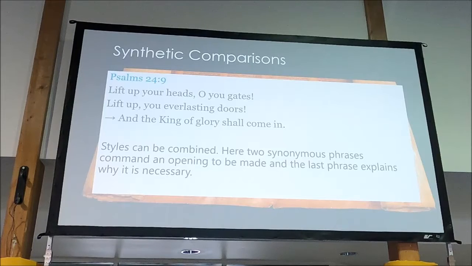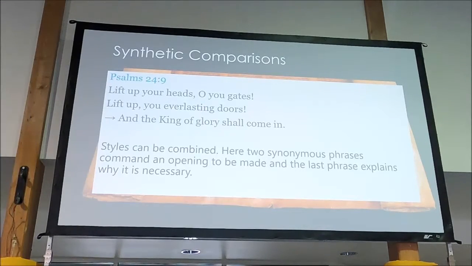Okay, so it's to give that impression of the guard saying, the King's coming, hurry up, open that gate. Move those doors, rush. You don't dally with the King. Okay, so that helps get that across. So when you see doubling like that, it's oftentimes for emphasis.